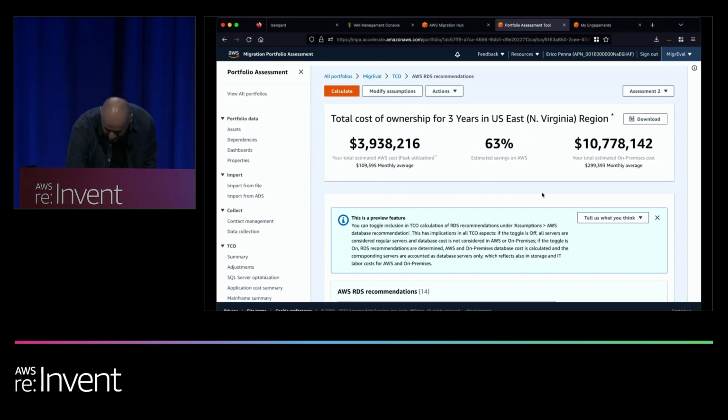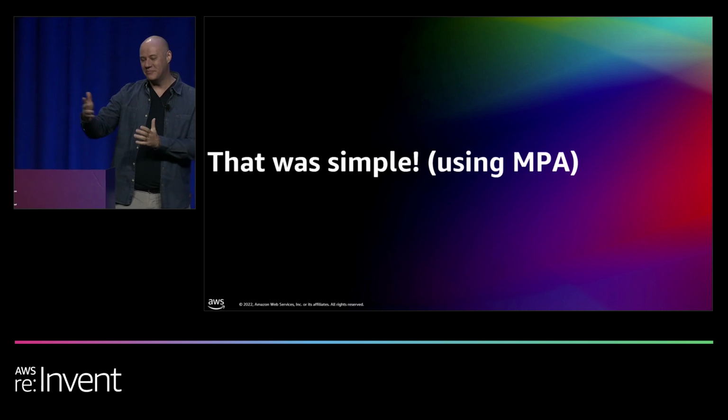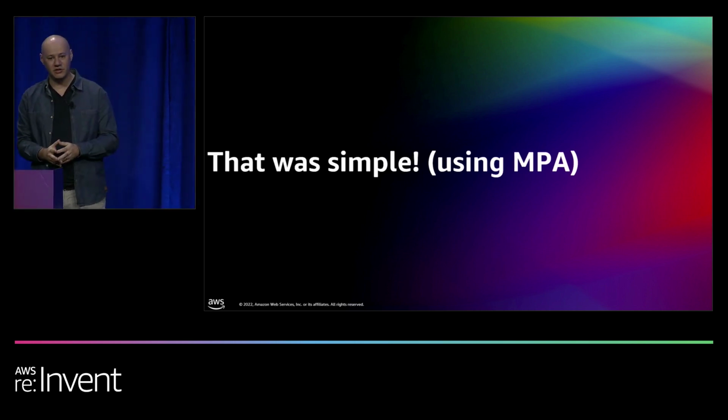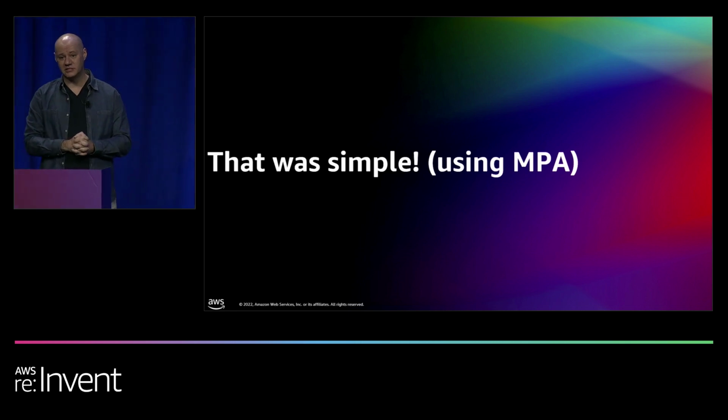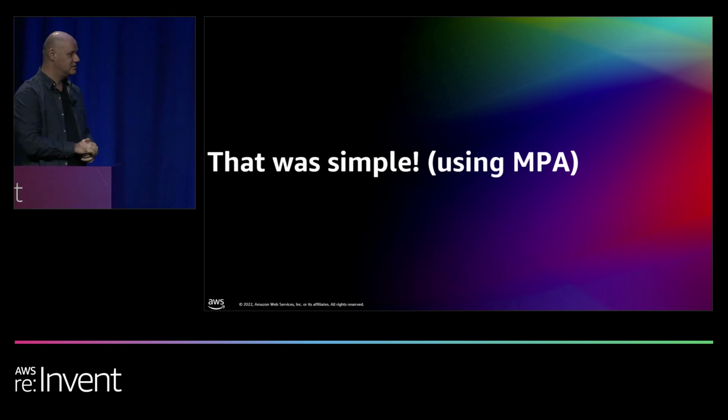Cool. Let's go back here. Okay, that was simple. So as you can see, in a matter of minutes, we were able to create 2 different scenarios, change some of the assumptions. You have AWS assumptions, and you also have on-premises assumptions that you can tweak and make it your own.